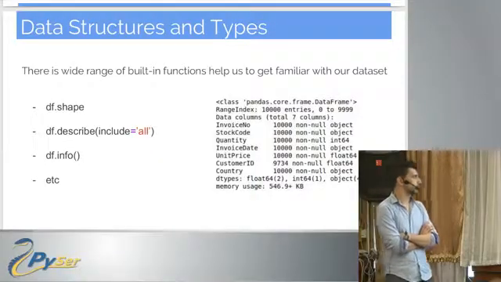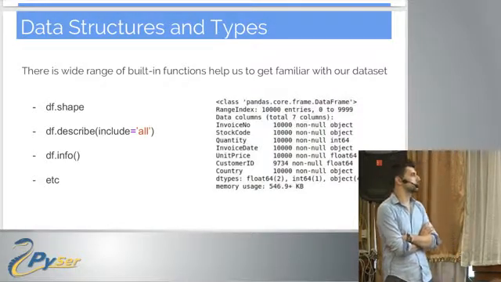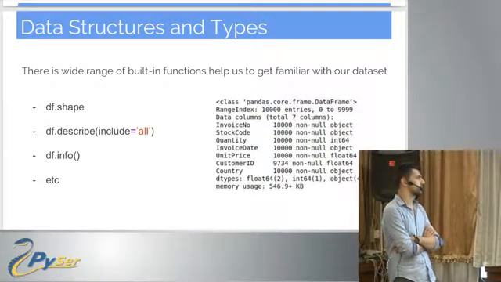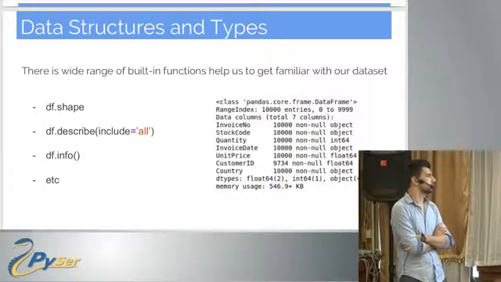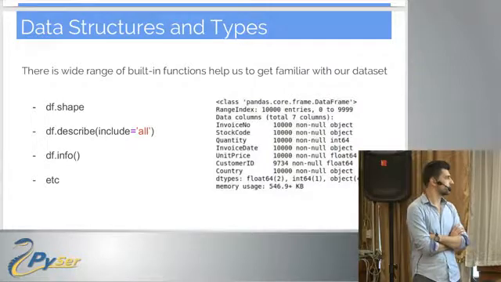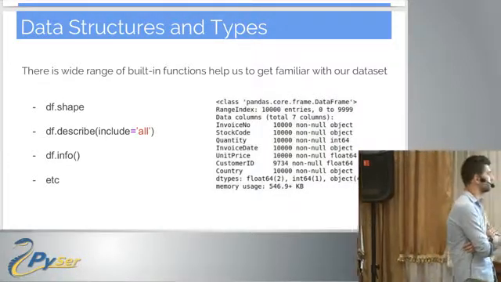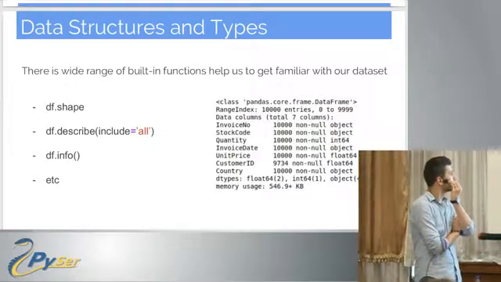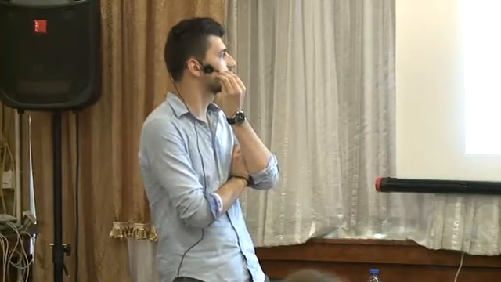Data frame info is something that pandas developers use very often. In the first row, it returns the type of data structure we have, in this case a data frame.